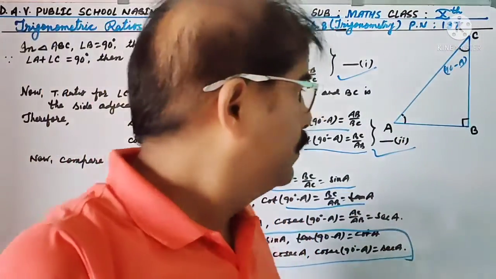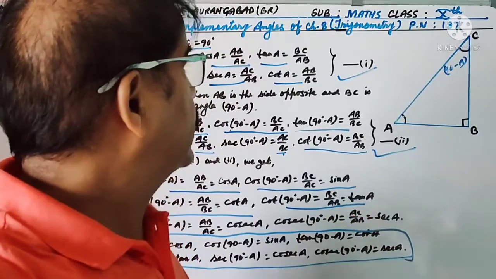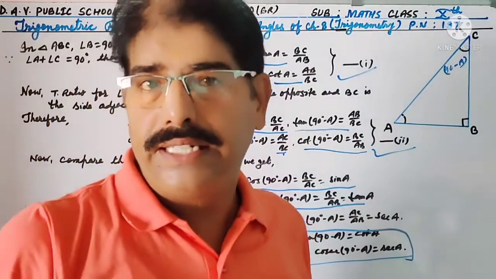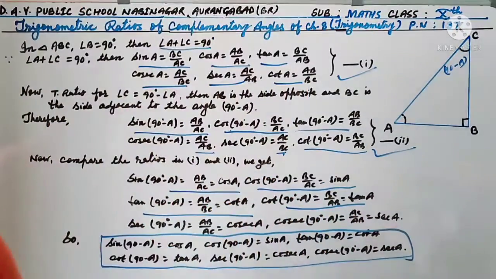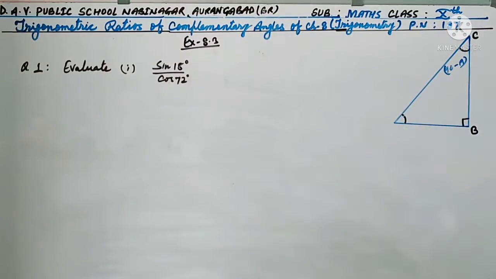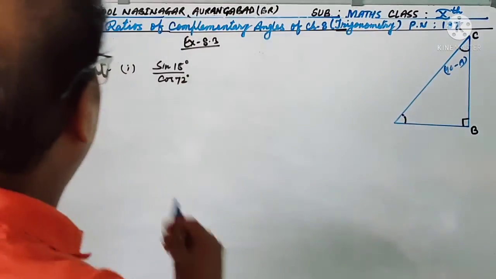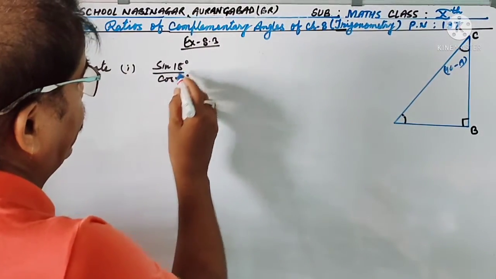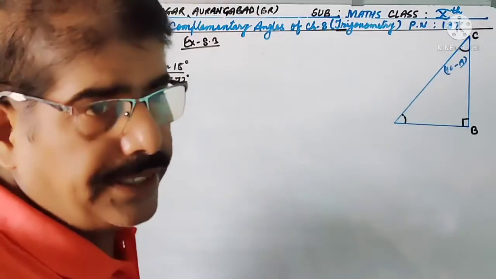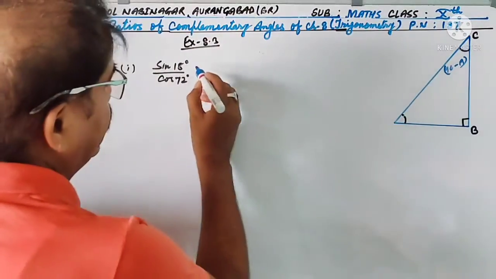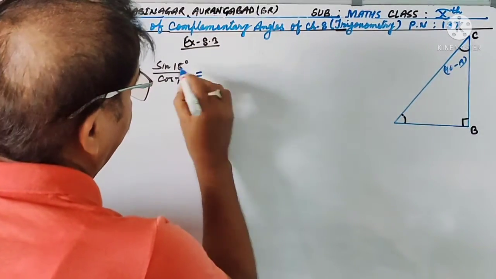Let us move to exercise 8.3. Question number 1 of exercise 8.3: evaluate sin 18 degrees by cos 72 degrees.